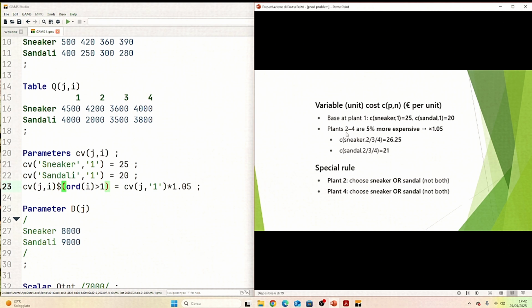For plants 2 and 4, the prices are 5% more expensive than the base price. So for sneakers, the total price is 26.25, and for sandals it is 21. Then we are going to adapt these prices according to special rules that we will see later.